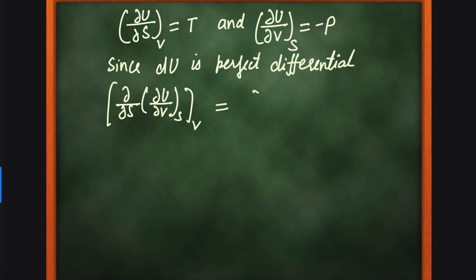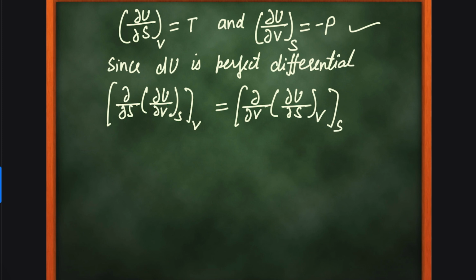This must be equal to del over del V of del U over del S, keeping V constant, and for all this S constant. And from these two equations, we can see that del U over del V, keeping S constant, is equal to minus P, and del U over del S, keeping V constant, is equal to T.